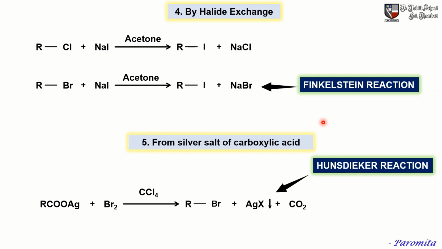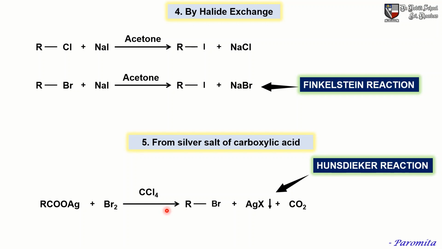Now our next method is the preparation of alkyl bromide from the silver salt of carboxylic acid. When the silver salt of carboxylic acid, that is RCOOAg, in carbon tetrachloride is heated with bromine, alkyl bromide is obtained.